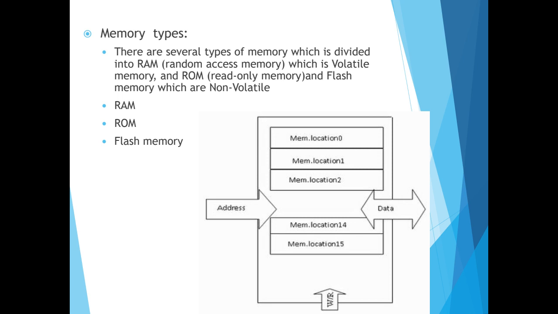Now, the other components of the microcontroller. We passed the CPU part. Now we will look at other components of the microcontroller, one of which is memory types. Several different memories are in a microcontroller, and different types of memory are divided into RAM, which you know is an abbreviation of random access memory, a volatile memory.